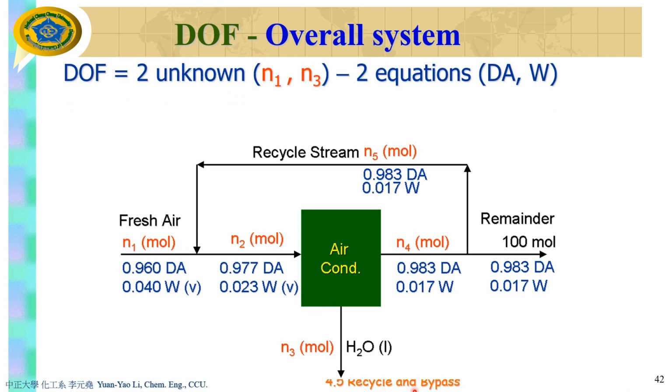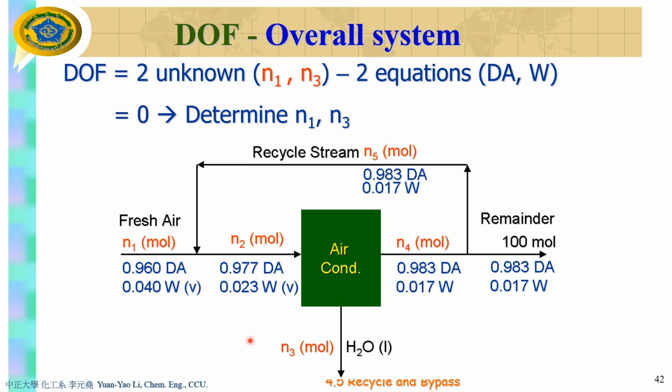So let's do it again. If you do N1, N3, right? So this is N1, N3. So you get the answer of N1, N3. Again, overall, right? Overall. 1 input stream, 2 output streams. So you have 2 unknowns.